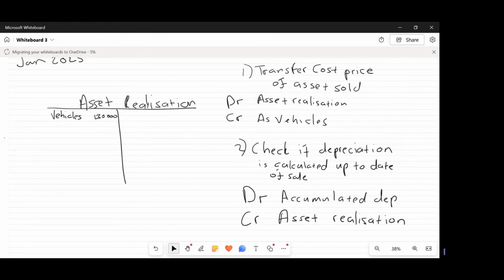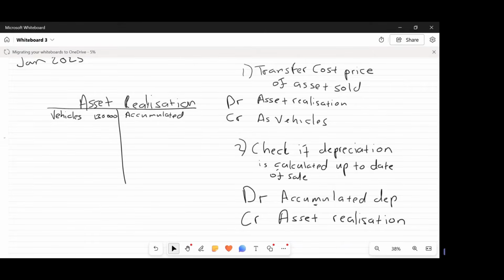So we need to remove the accumulated depreciation of this vehicle from the remaining vehicles that we have, because we're no longer using it. So by removing it, you simply debit your accumulated depreciation, and then you credit your asset realization. So here it's going to be accumulated depreciation.